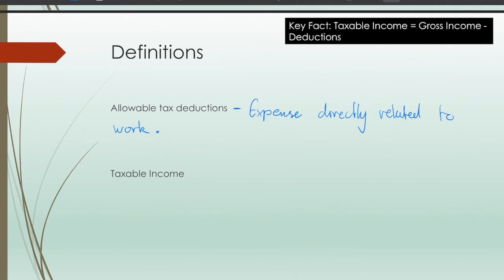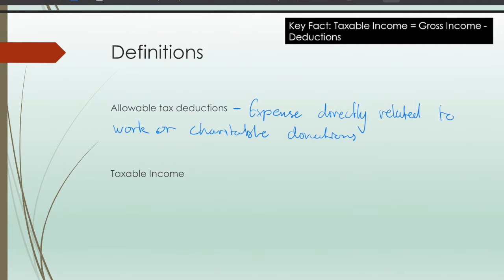The other category is charitable donations. There are certain class of charity that if you donate or give money or gifts or whatever to that class of organization, you can claim that as a tax deduction.